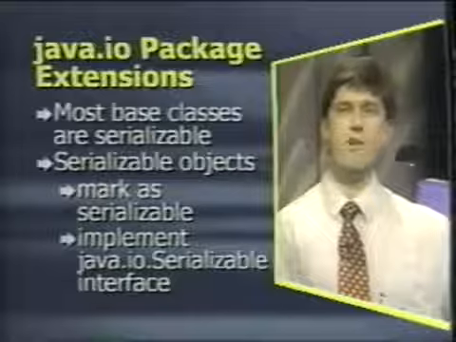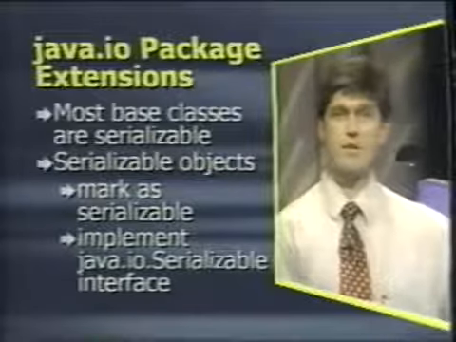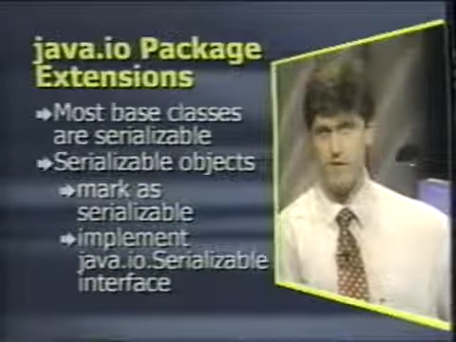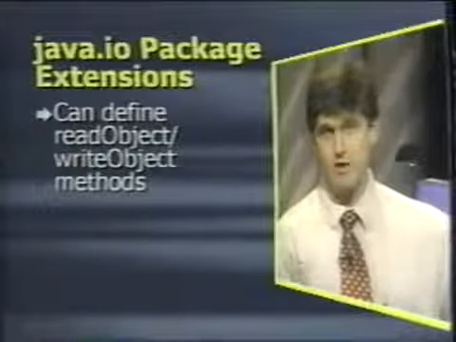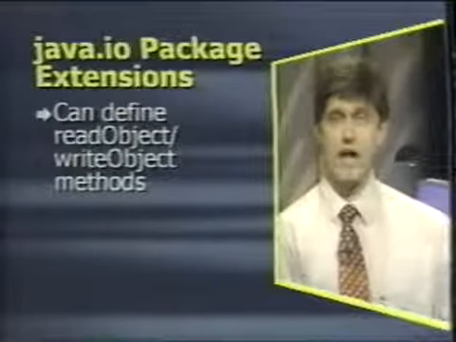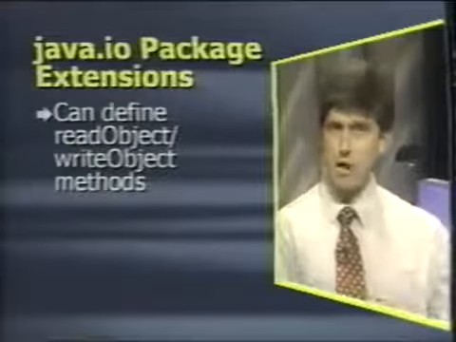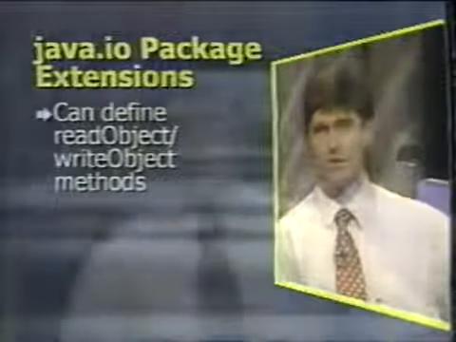Now, there is a default serialization that happens if you simply implement this interface, but you can also define your own readObject and writeObject methods in a class in case you want to do some special processing or do something other than default serialization. The only thing that matters is that your writeObject takes all of the data from your object and writes it to a stream, and that readObject can read that data back and reconstruct the object's state.